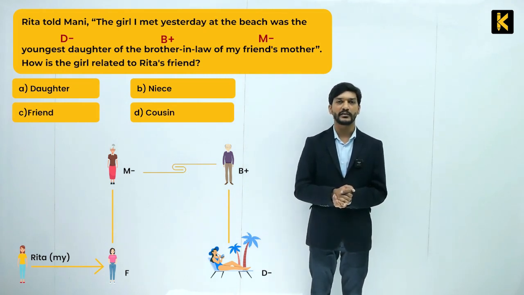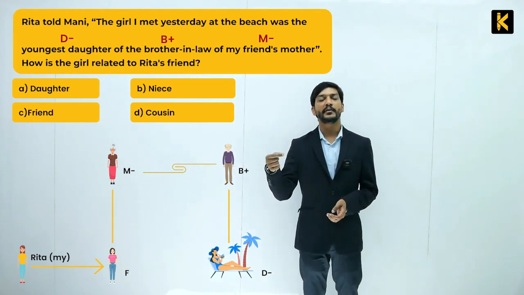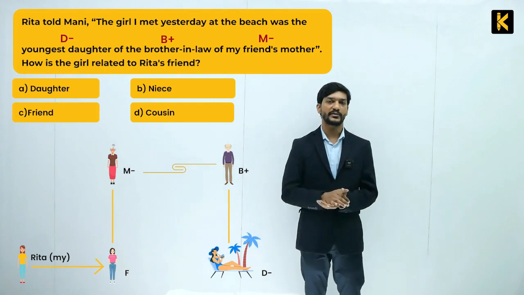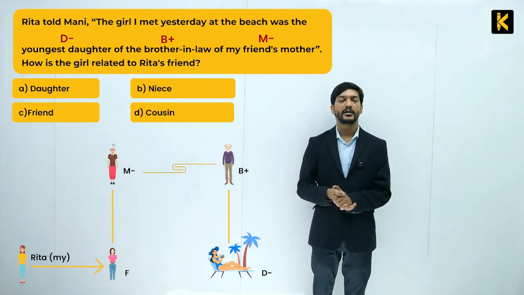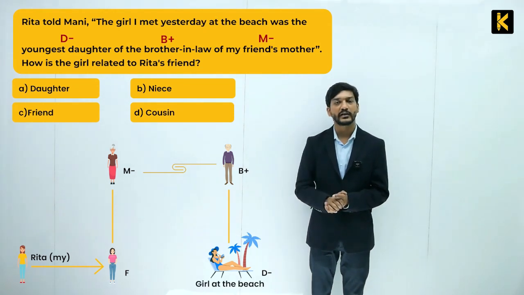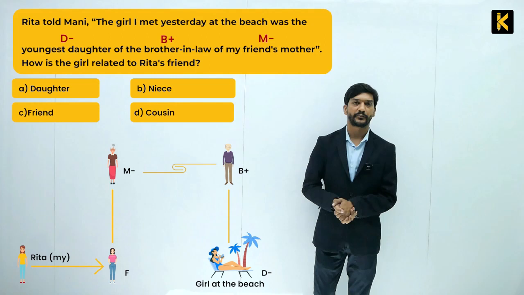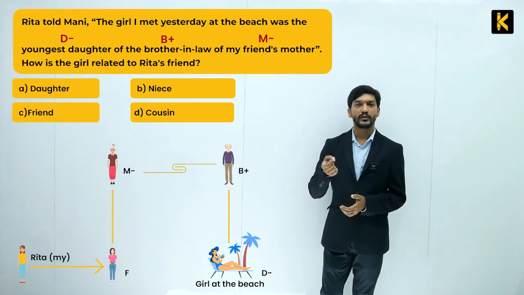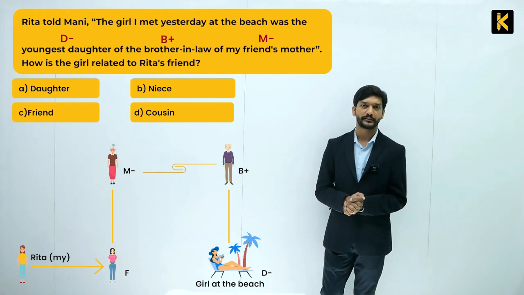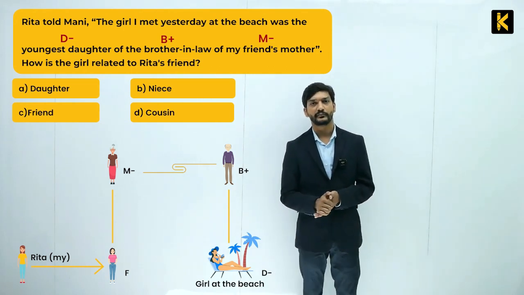Or I can say like this, D minus is the girl I met yesterday at the beach. So this D minus is the girl who was at the beach yesterday. Okay, so let me show this. So D minus is the girl who was at the beach. All right. So the complete statement is done.